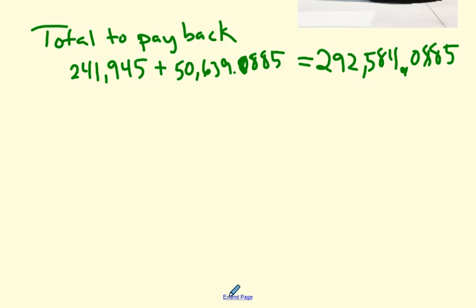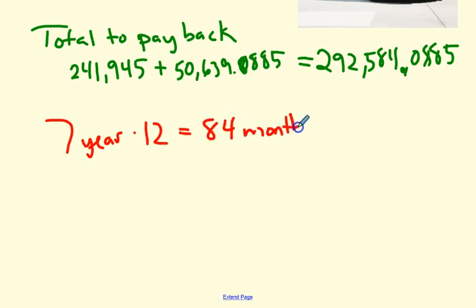Now, to figure out how much our monthly payment is, we have to look at how many monthly payments we're going to make. And we're working for 7 years, and each year has 12 months. So we're going to multiply by 12, giving us 84 monthly payments.